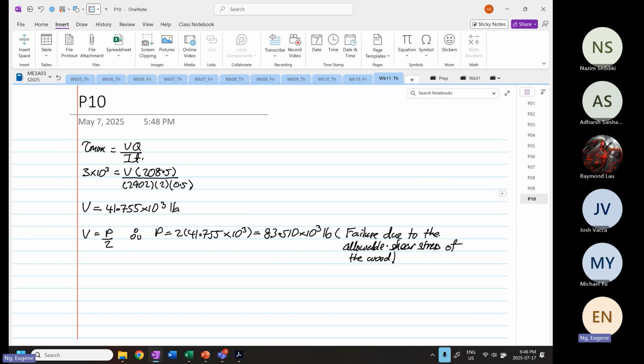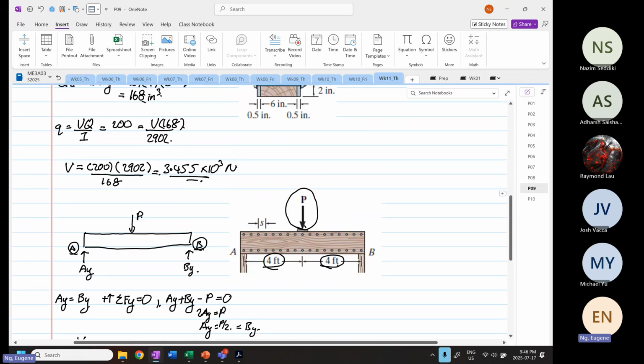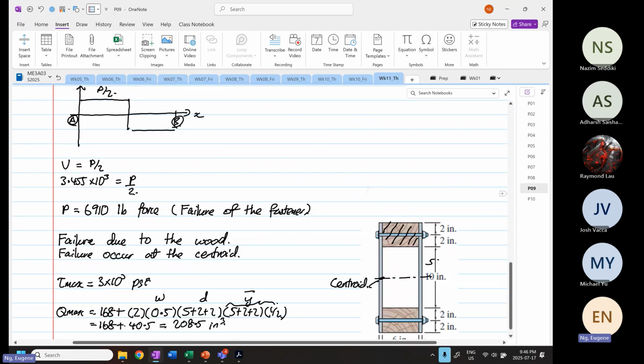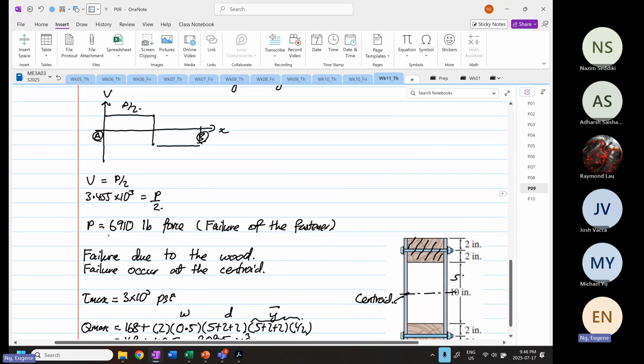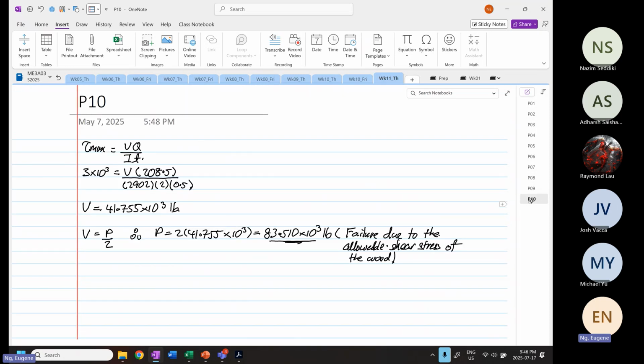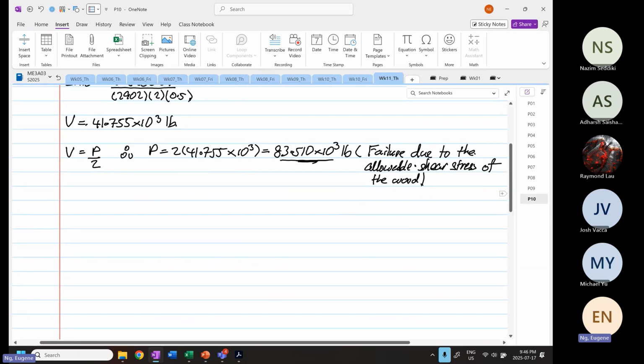So that is why you see the force required to break the wood, and then you see the force required to break the joint. It's so much lower. Not this one, this value over here. It's so much lower. So if you're going to break something, go for the joint, right? Don't go for the body. Go for the joint.